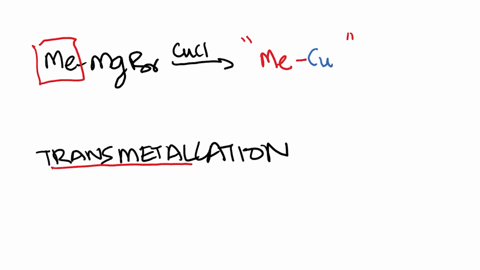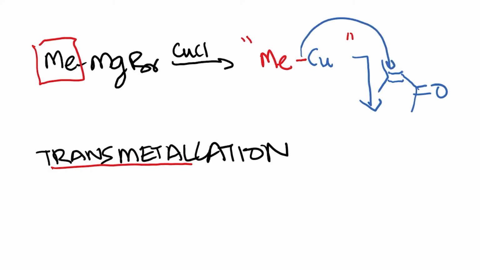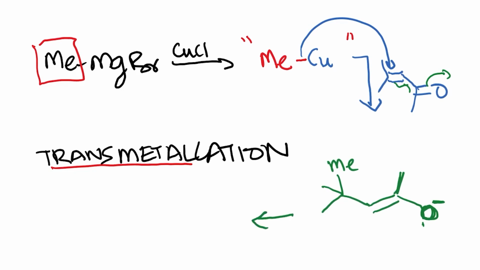Okay. And now this methyl copper actually reacts with your alpha beta unsaturated ketone, and this does the conjugate addition. You generate the enolate, okay, and then subsequently the enolate picks up the proton to give you the product.